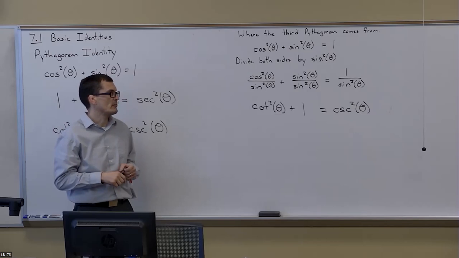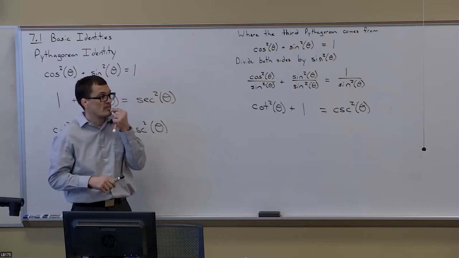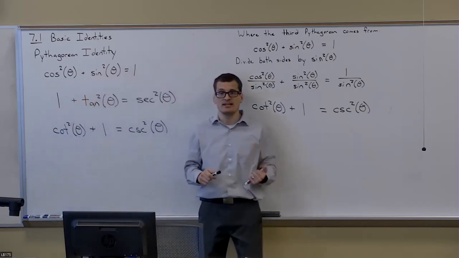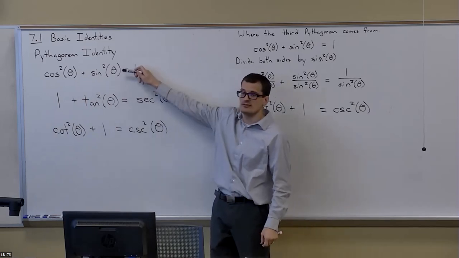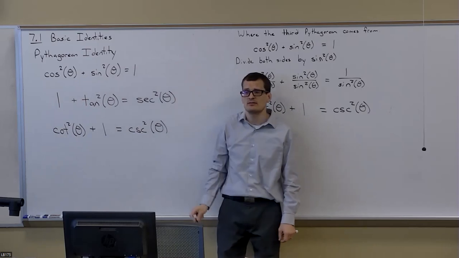So you end up with 3 different Pythagorean identities, but they're actually all derived from that first one.